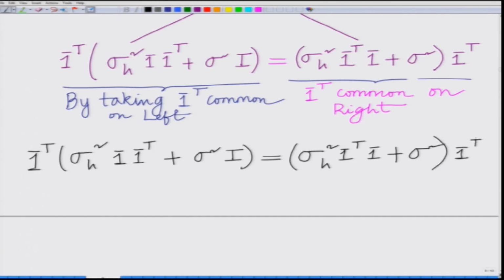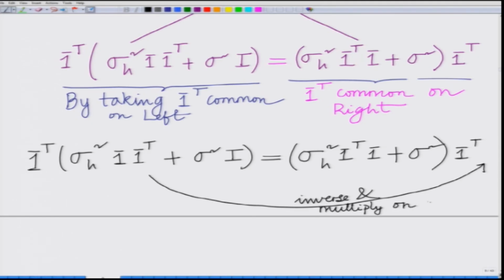Now I can take the inverse of the bracketed term and multiply it on the right of the expression on the left-hand side, and this term I can bring over here, take the inverse and multiply on the left.